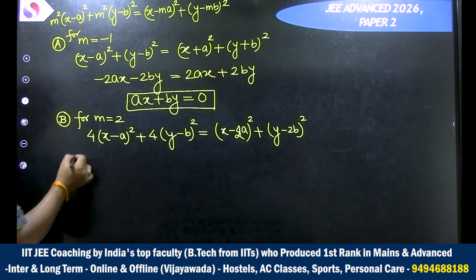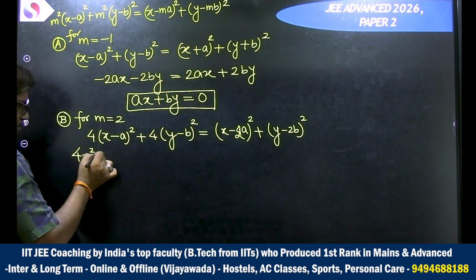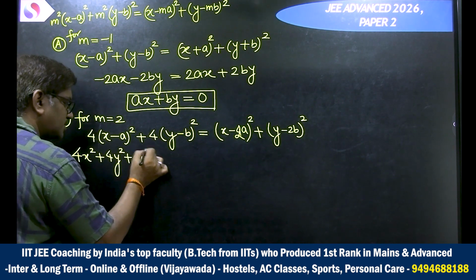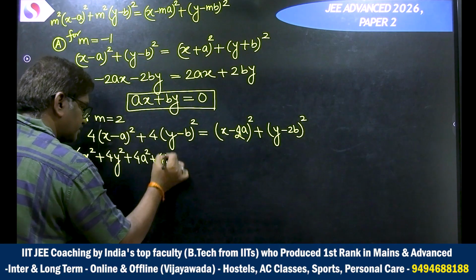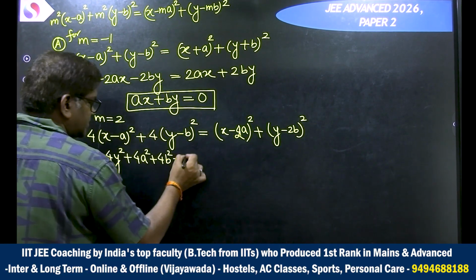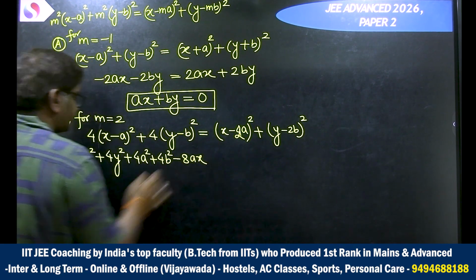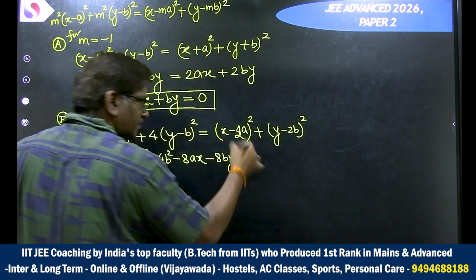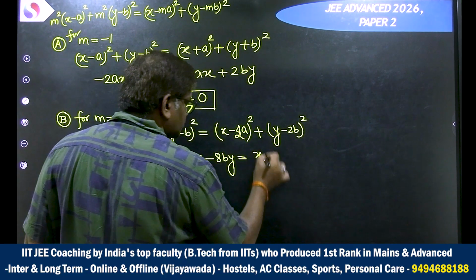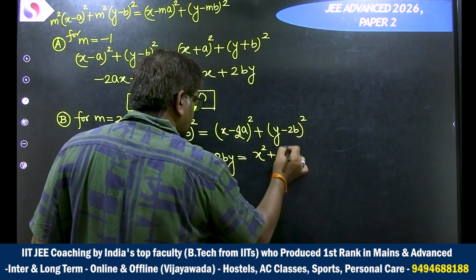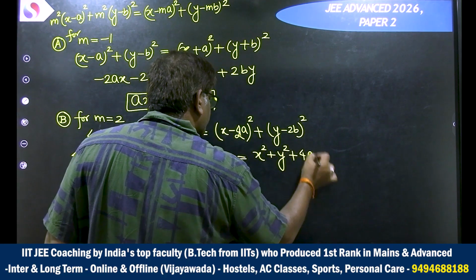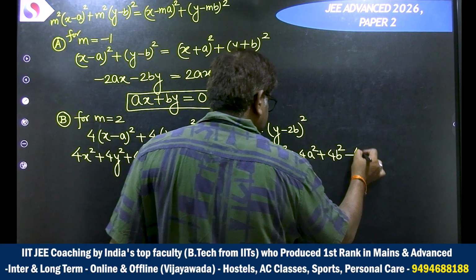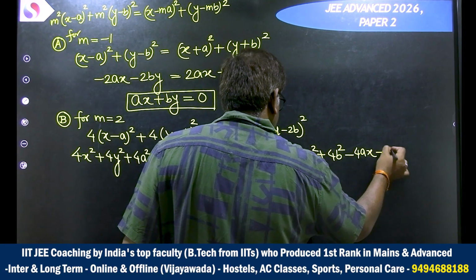Okay, expand it. So this is 4x square plus 4y square plus 4a square plus 4b square minus 8ax minus 8by on the LHS side. On the RHS, x square plus y square plus 4a square plus 4b square minus 4ax minus 4by.